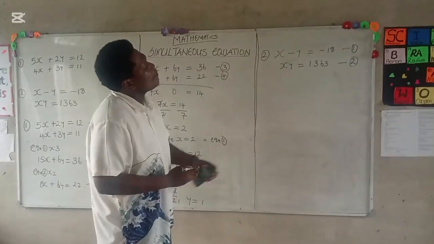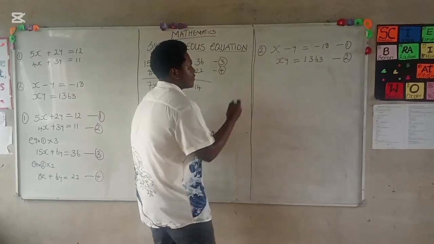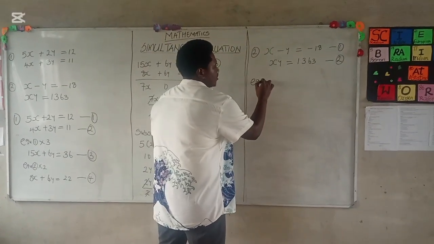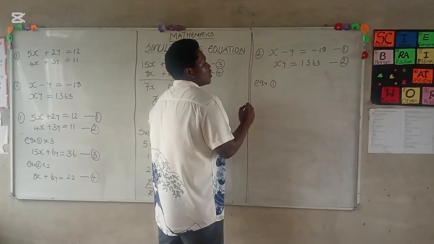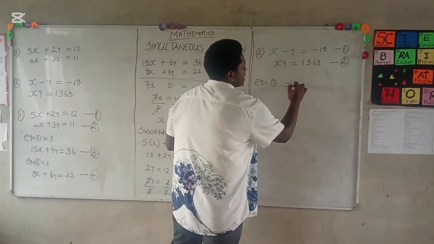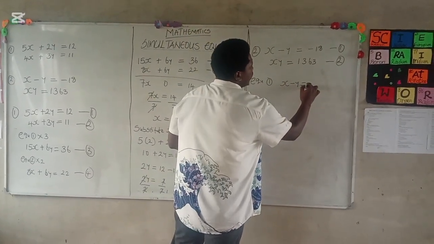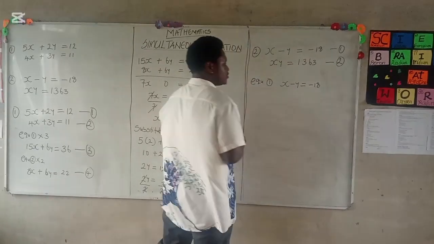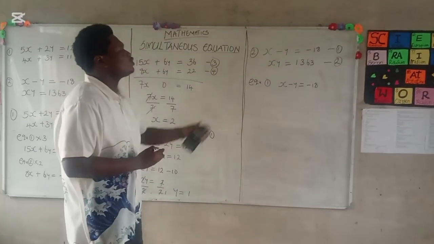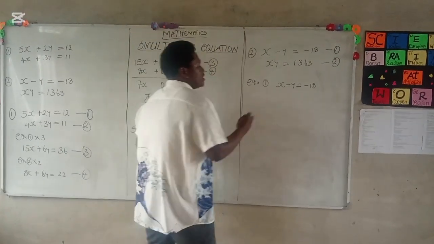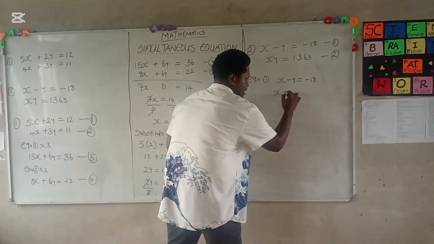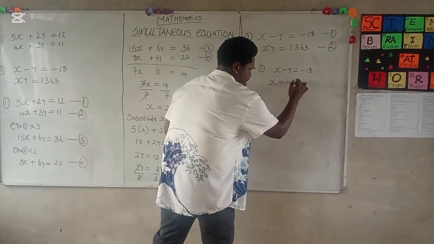Now, from equation 1, we have that x minus y equal minus 18. We want to make x the subject. So x is equal to minus 18.